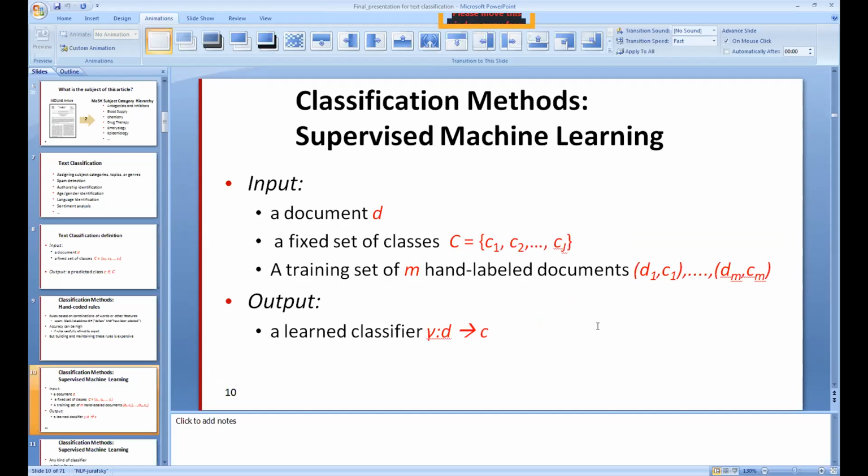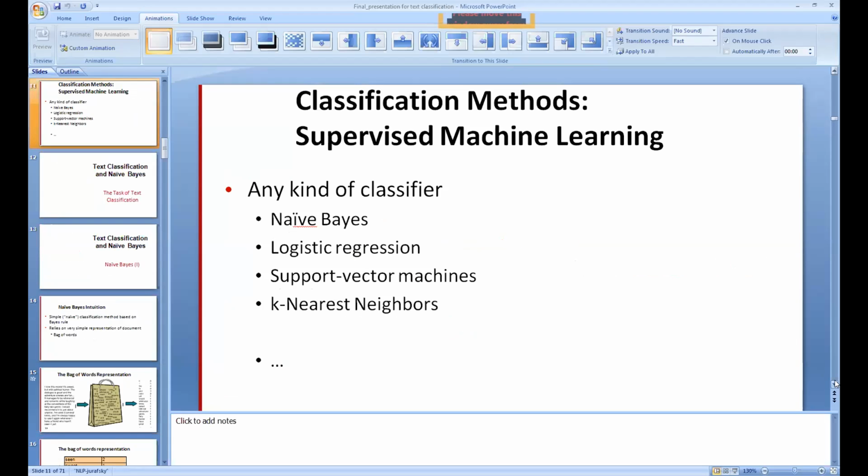So in these cases you have to run some machine learning algorithm on the data, which is used to classify or categorize the documents. These are the different kinds of classifiers used for classification: naive Bayes classifier, logistic regression, support vector machine, k-nearest neighbor, and so on. These are some of the supervised classifiers.